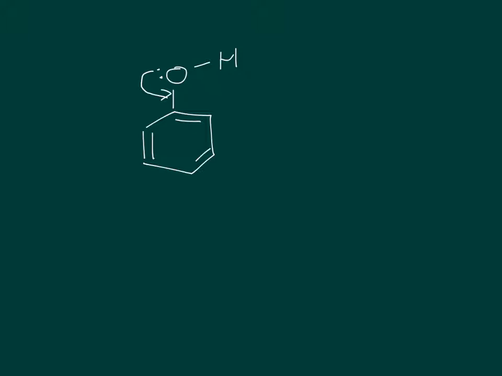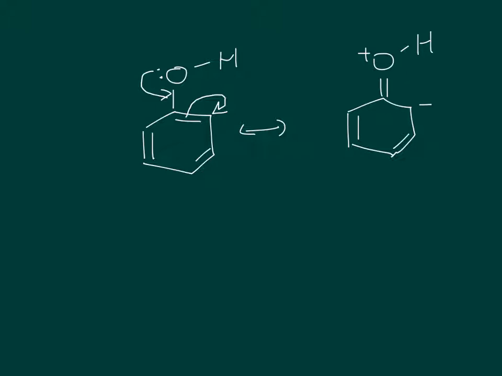So in that case, this double bond would have to move, and those 2 electrons would go onto that carbon there. So we would be drawing phenol in a slightly different way, where we would have a double bond there, but now there would be a positive charge on the oxygen atom. There would now be a negative charge on that carbon, and those 2 double bonds have not been affected.